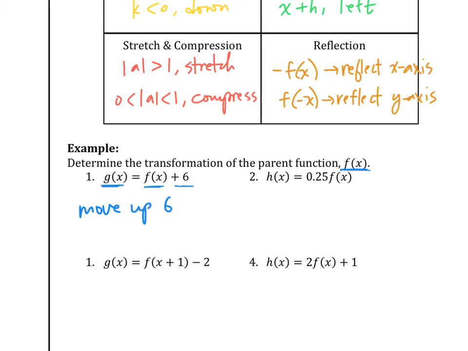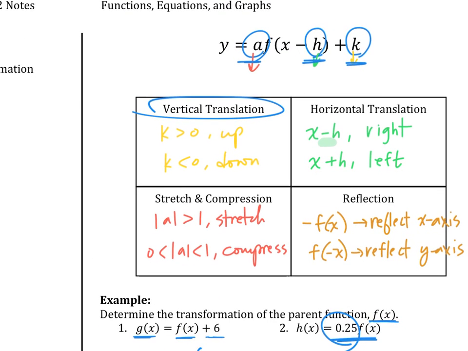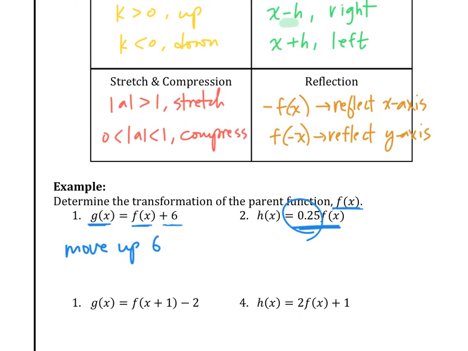Okay, I'm going to do 2 more, and then you can do the last one. This one, 0.25 times f of x. 0.25 is which part? a, h, or k? That is a, because it's a number that's multiplied to the function. So a is 0.25, and that is this part, stretch or compress.